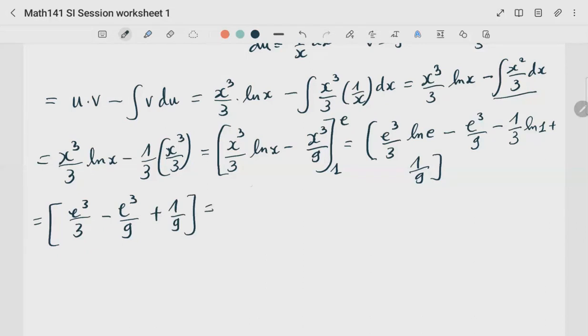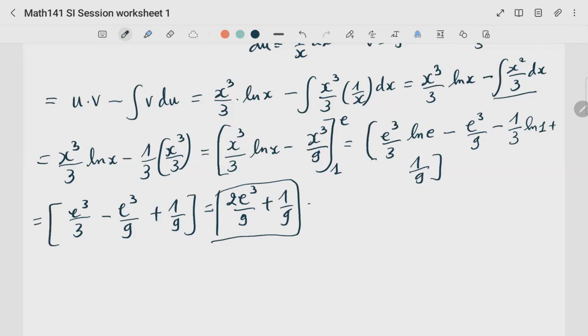So let's evaluate that. This should be 2e cubed over 9 plus 1 over 9. And that should be your final answer for that.